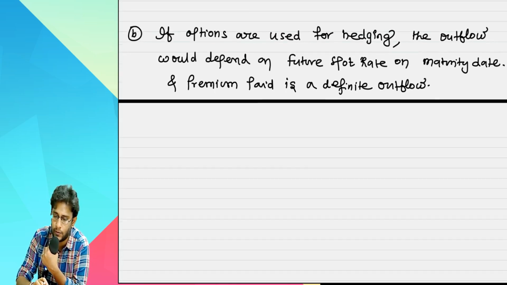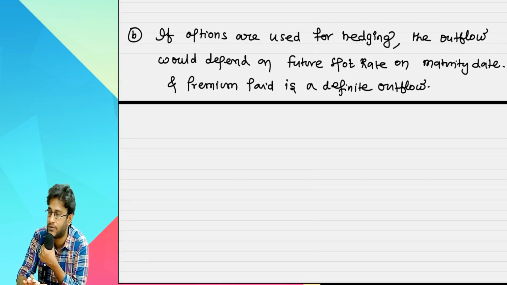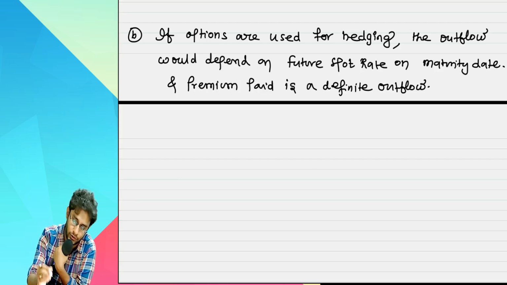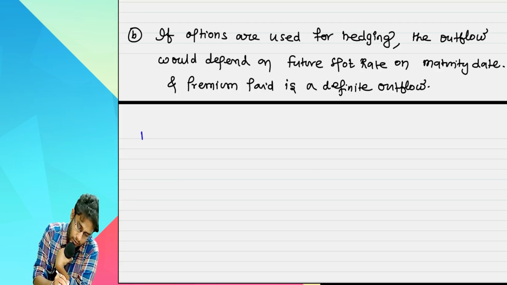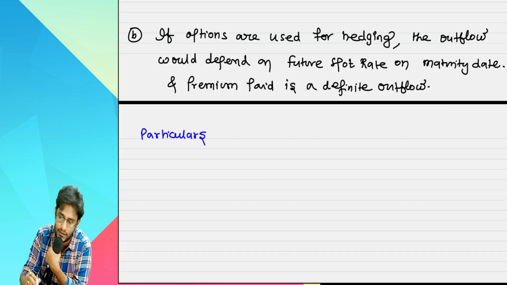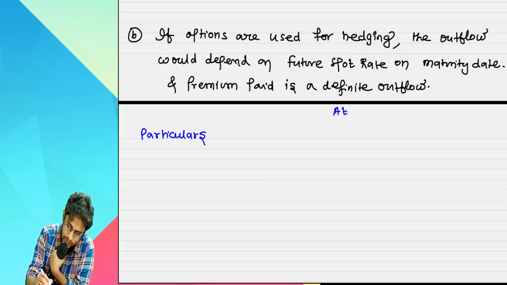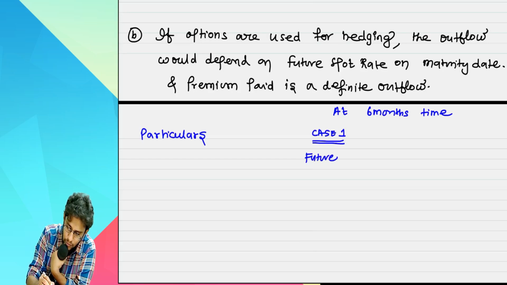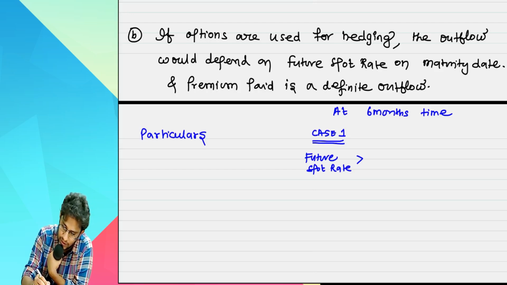Sir, I'll make a small table. You will not copy that. You will watch, understand. At once you can copy. Timing, just watch. Sir, particulars, I am taking 2 cases at maturity date. So at 6 months time, case 1, I am assuming that future spot rate is greater than the strike price.